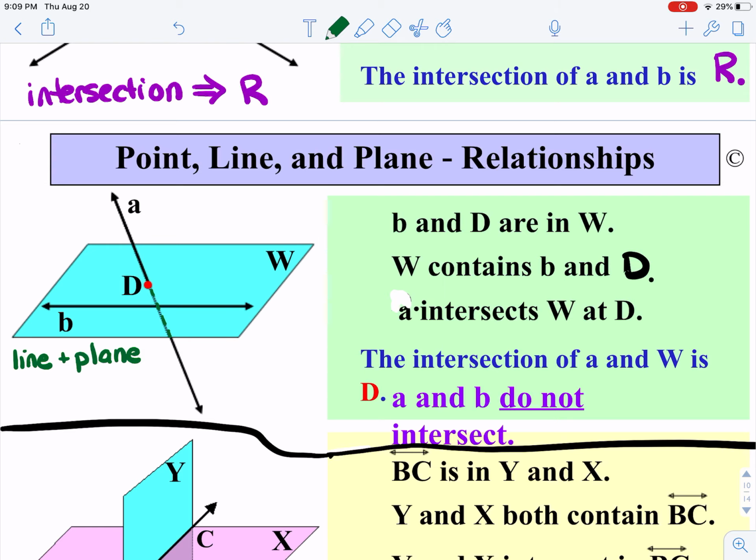Think of this as if I had a piece of paper and I stabbed my pencil through the piece of paper. That's what you're thinking about here. I don't mean to be violent here, but you push it through the piece of paper. Where I pushed it through the paper, this would be the hole in the paper at D. That is the intersection.